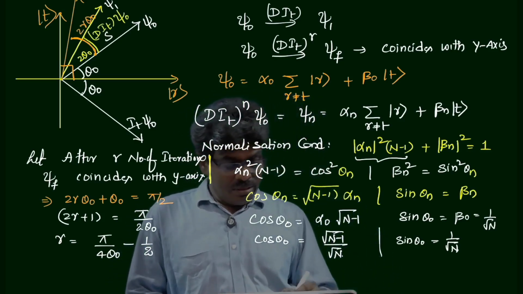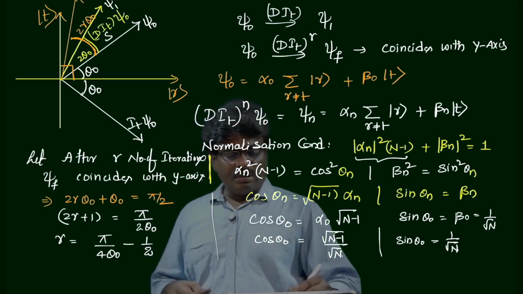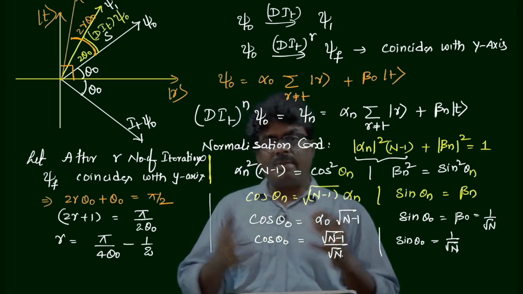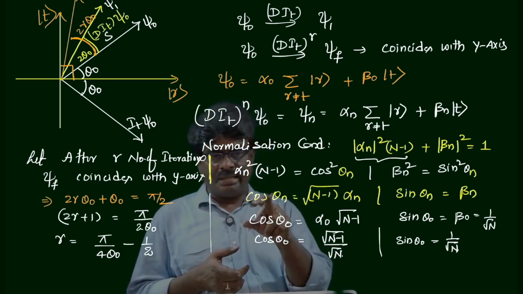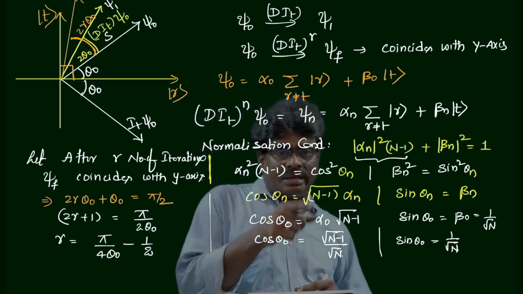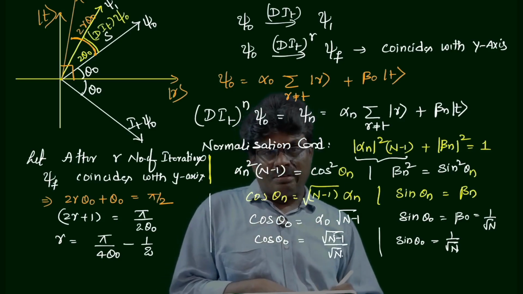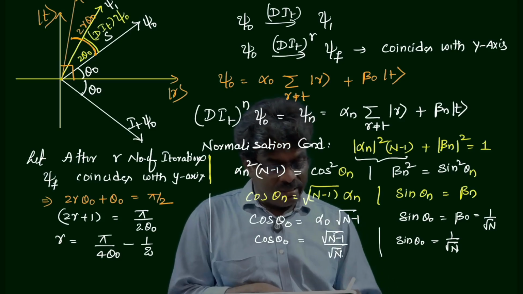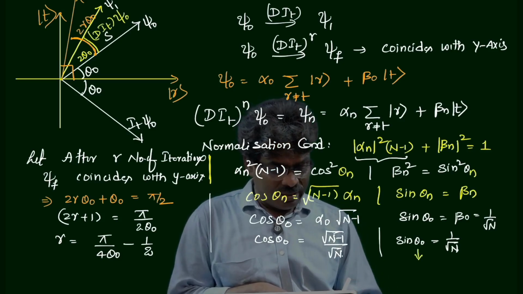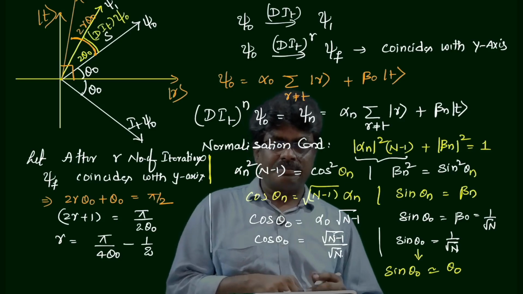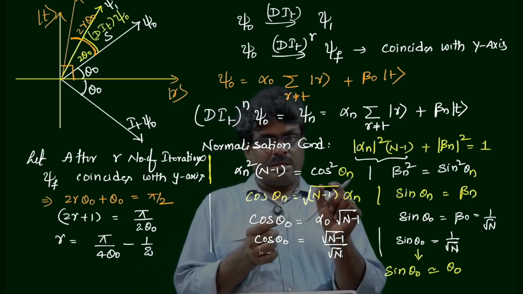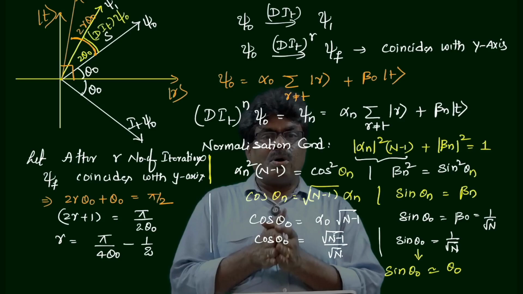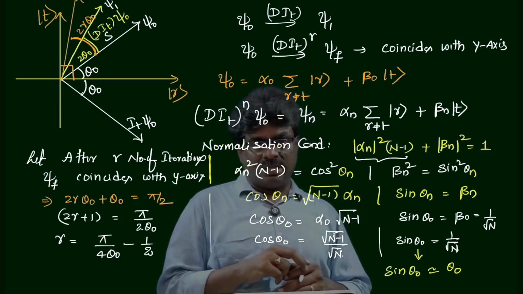Now let us suppose we have a very large number of elements. If capital N is very large, then it is in the denominator, and sine theta naught is 1 over root n, which is very small. Whenever theta is very small, sine theta is nearly equal to theta.